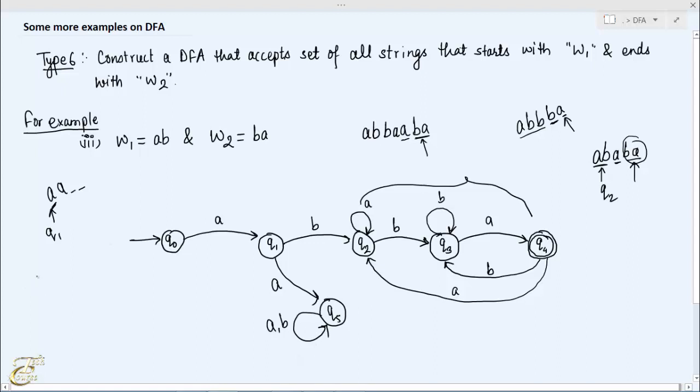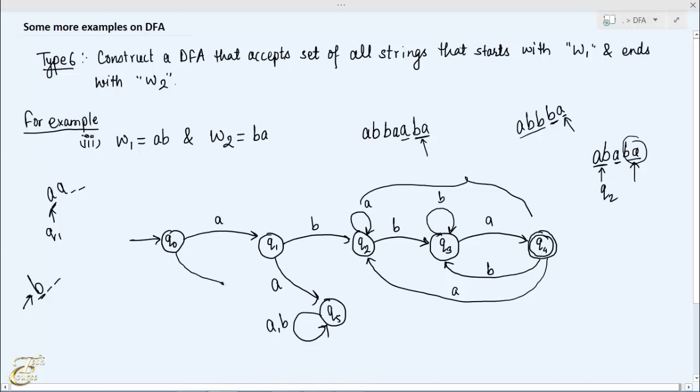Similarly, what if the machine reads the symbol B in Q0 state? That means the first symbol read by the machine is B. Here in this case, the string starts with B and hence cannot be accepted, and whatever the symbols come after this B can't be accepted.